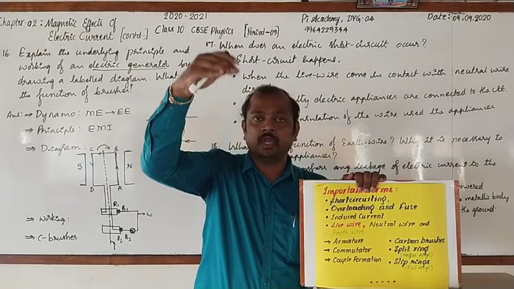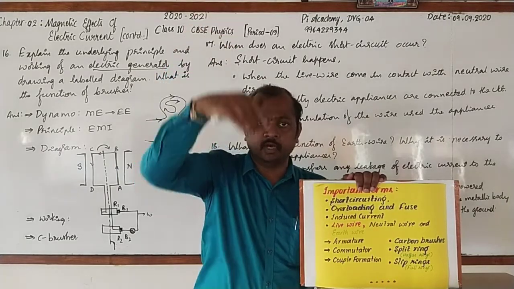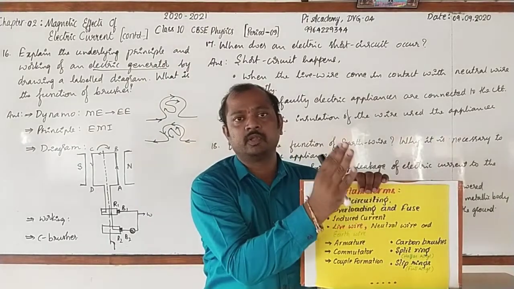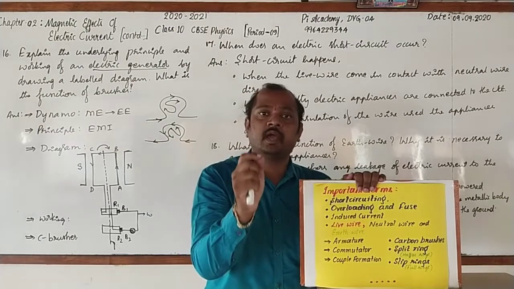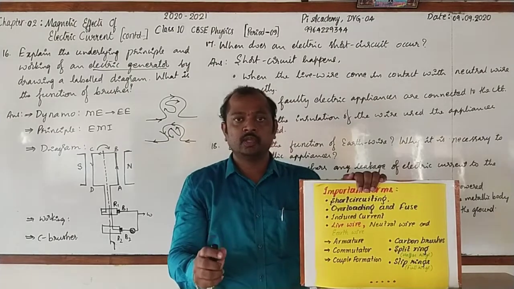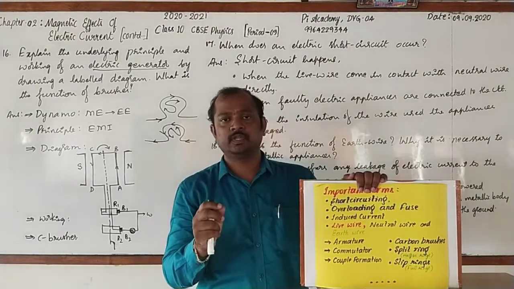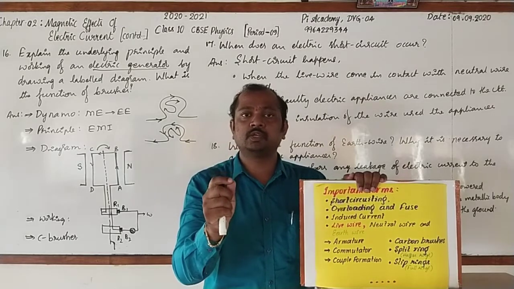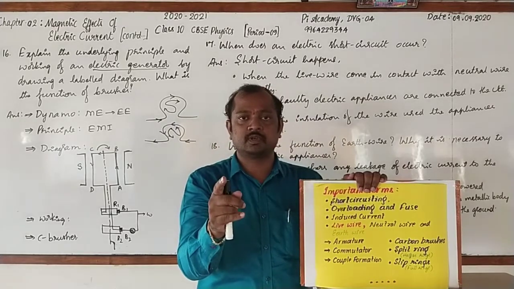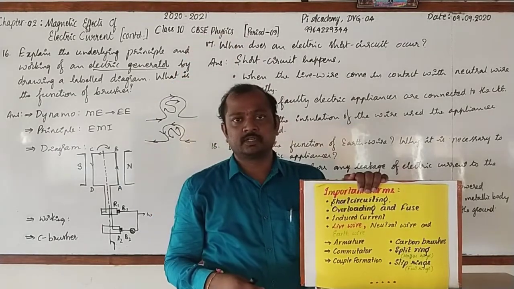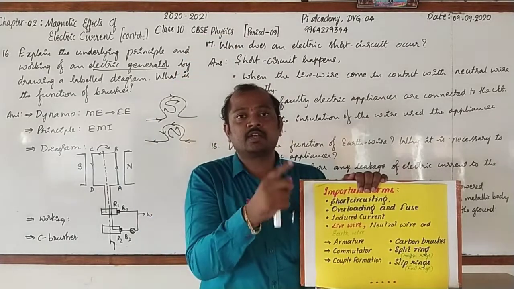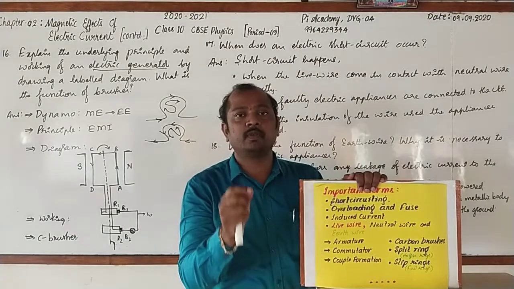Once at one arm, if it acts downward, then at another arm it acts upward. But these two forces will have equal magnitude. If two forces having equal magnitude act on the opposite limbs of the coil in the opposite direction, then the coil starts rotating. This is called couple formation.